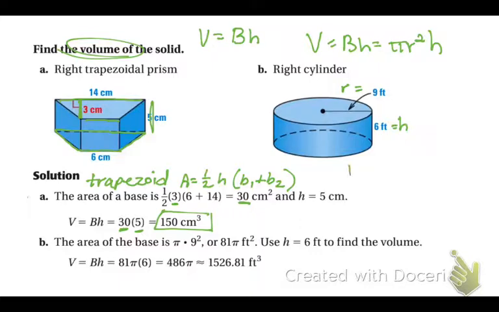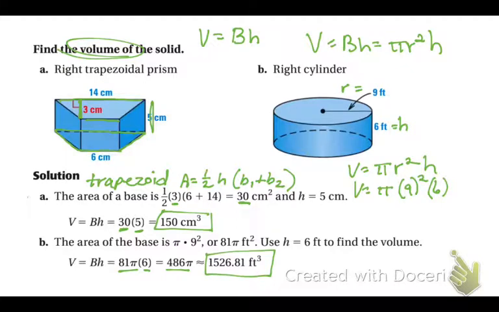So V equals pi r squared h, V equals pi times r, which is 9 squared, times the height, which is 6. Okay, long story short, it comes out to 81 pi. We're going to use the height of 6. Okay, 81 pi times the height is 486 pi, and you plug in 3.14 for pi, and that's what you get for your volume. Okay, pretty easy, yeah?